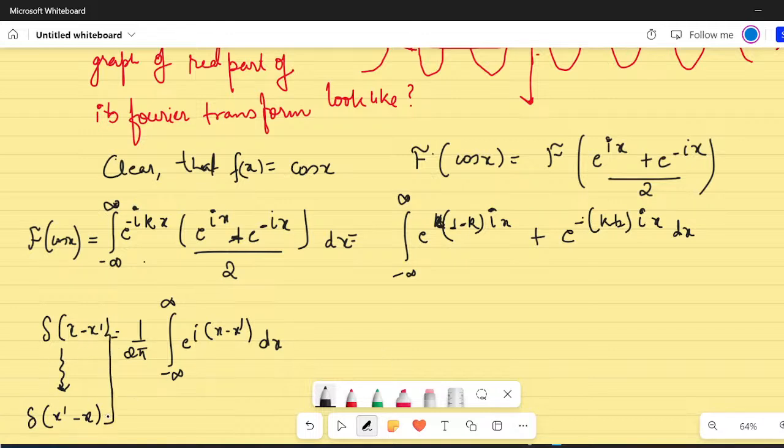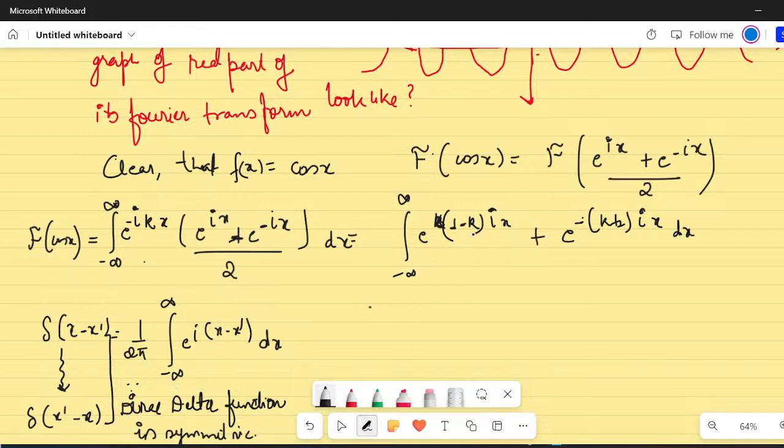This I have discussed in my lectures on the Dirac delta function. Since the Dirac delta function is symmetric, whether you write Dirac of x minus x dash or Dirac of x dash minus x, they're one and the same thing.